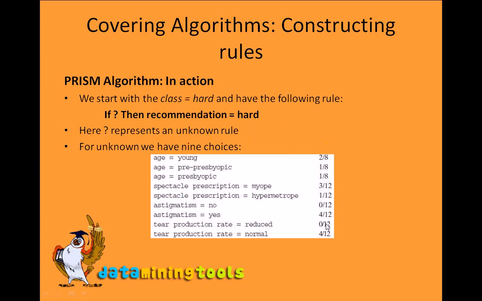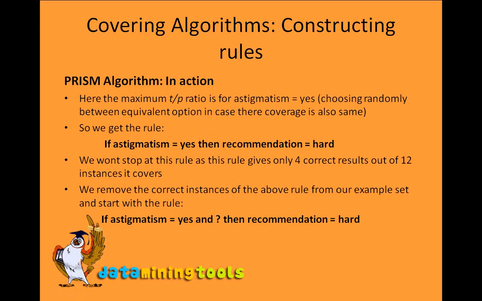We do this for all the attribute value sets. Here we notice that the maximum p by t ratio is for astigmatism equal to yes, and we have chosen randomly between equivalent options. In case we have two options with equal p by t ratio, we can take any one randomly.